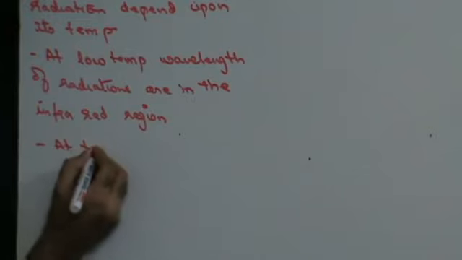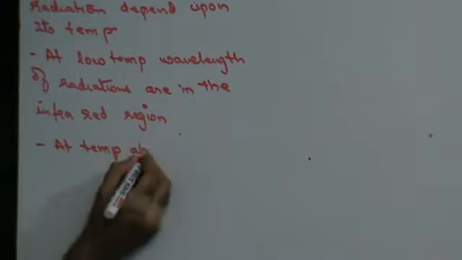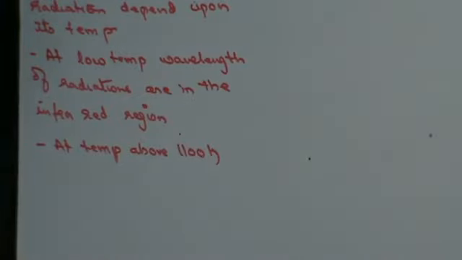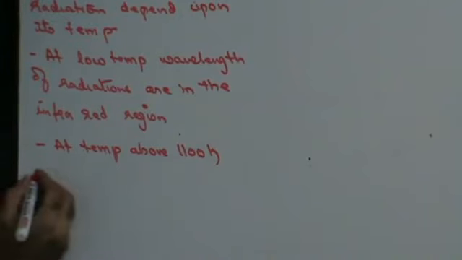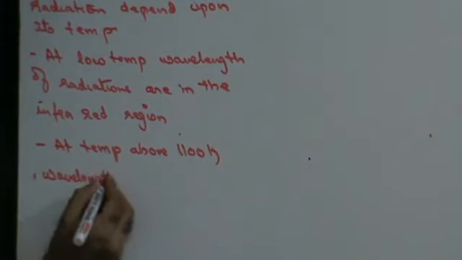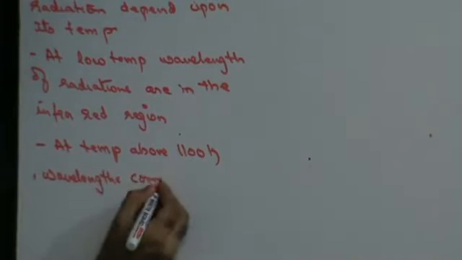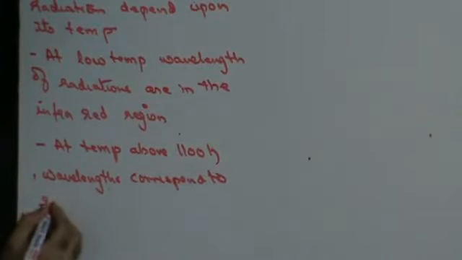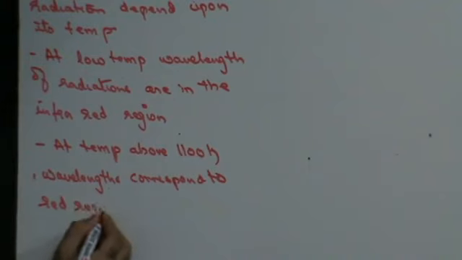At temperature above 1100 Kelvin, the wavelengths correspond to the red region, and hence the body appears red.